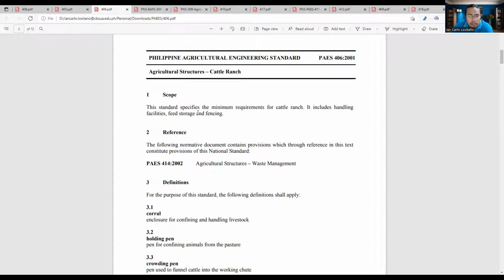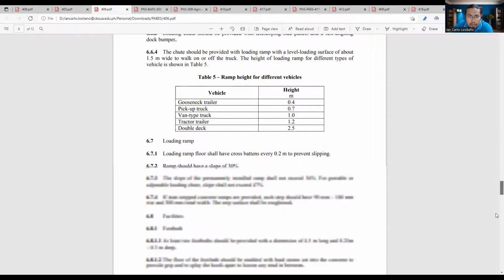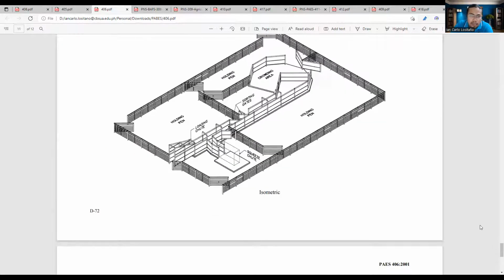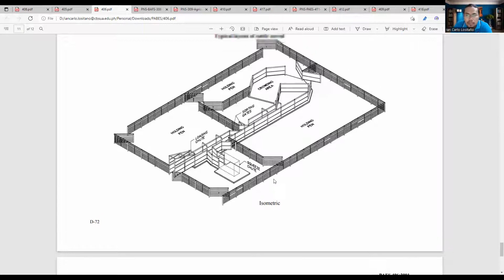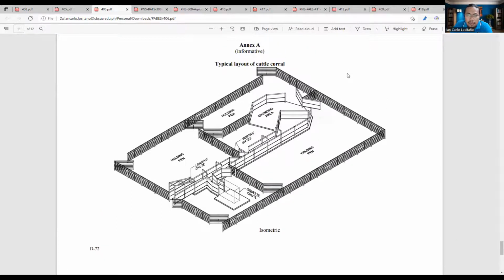And this is a cattle ranch. Please do take note of the structure of a cattle ranch. Here it is. The animals go in here, right? So again, this is a cattle ranch, and the animal is only brought here for feeding, so that this actually mimics the natural grazing habitat of the animals.